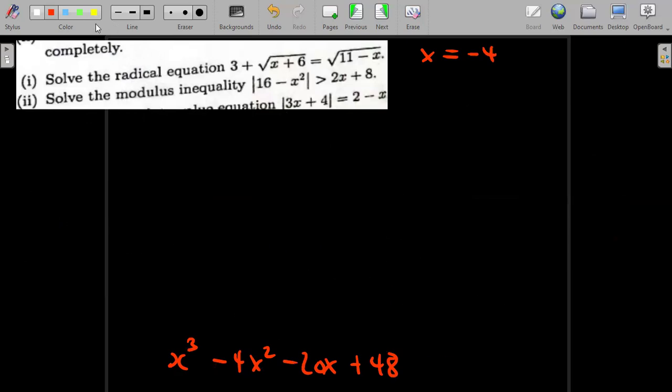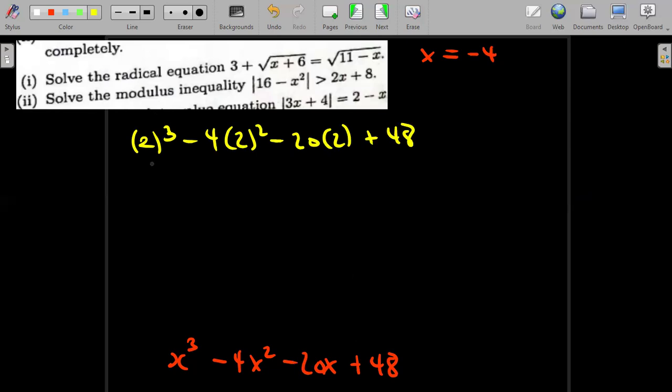To factor out, we do the same: find a number which makes this 0. So when we replace x with 2, I have 2 cubed minus 4, then I have 2 squared minus 20 multiplied by 2 plus 48.